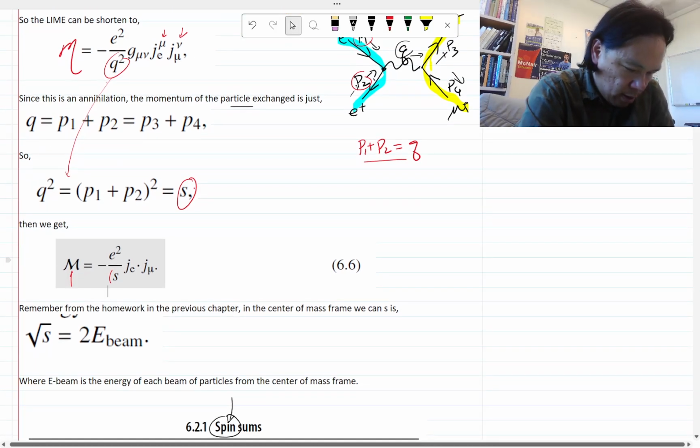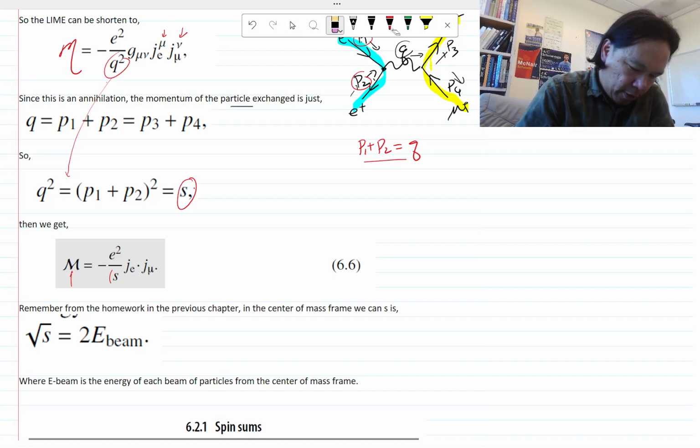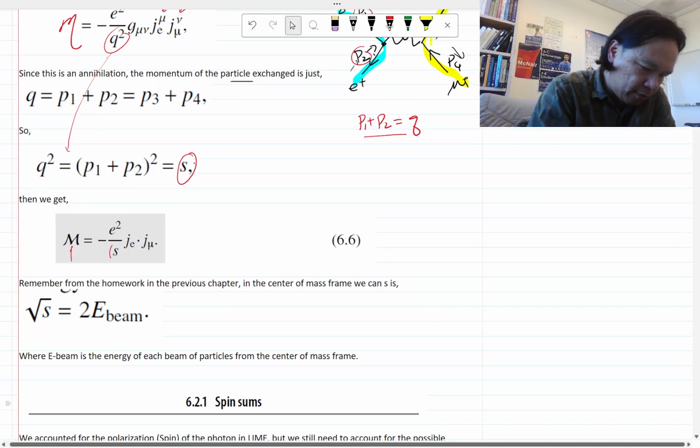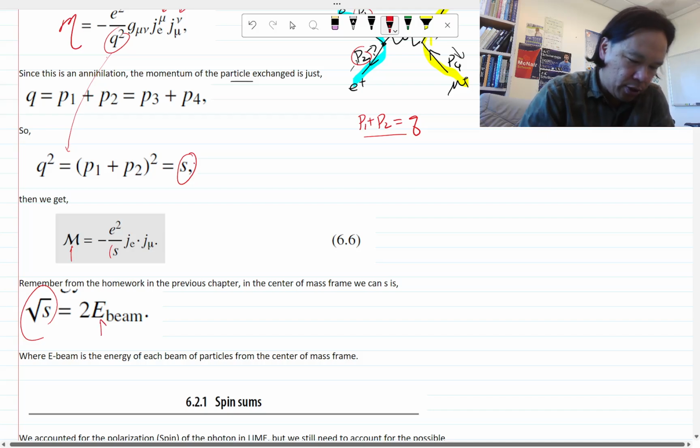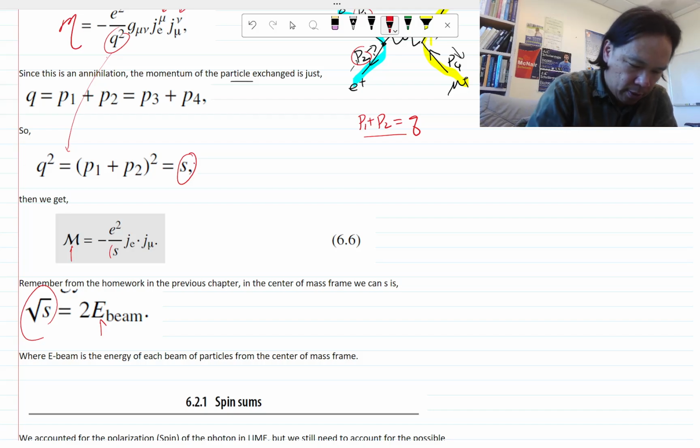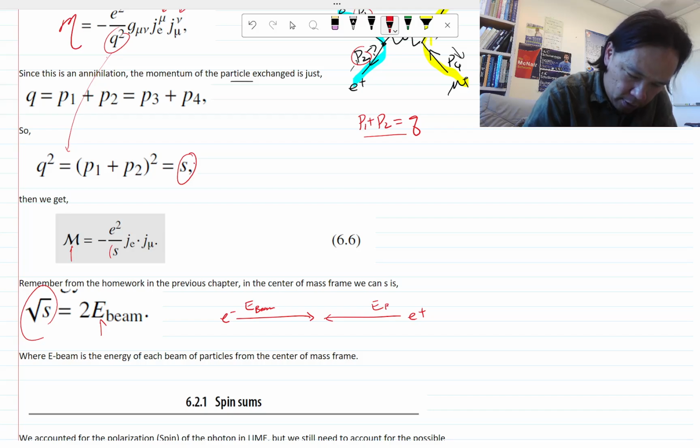And remember from the homework, we're going to deal with this problem in the center of mass frame. In the center of mass frame, square root of s is actually 2 times the energy of the two particle beams coming together. So if you have an e minus coming in here, it will have some energy, the beam, and if you have an e plus coming in here, it will also have equivalent energy because you are in the center of mass frame.